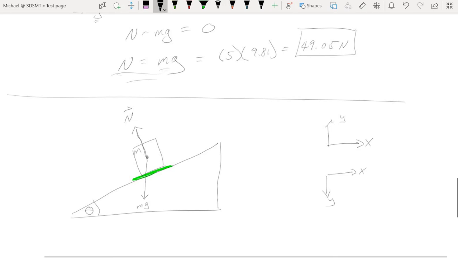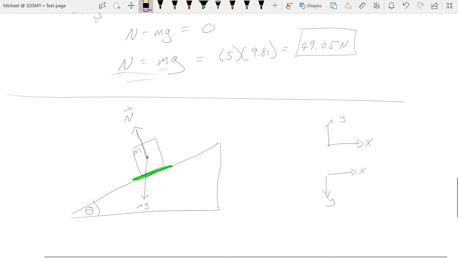We've had reference frames like both of these, but don't get too complacent in how you choose your reference frames, because your choice of reference frame should reflect your ability to make the math easier. You don't want to make more work for yourself than you have to.